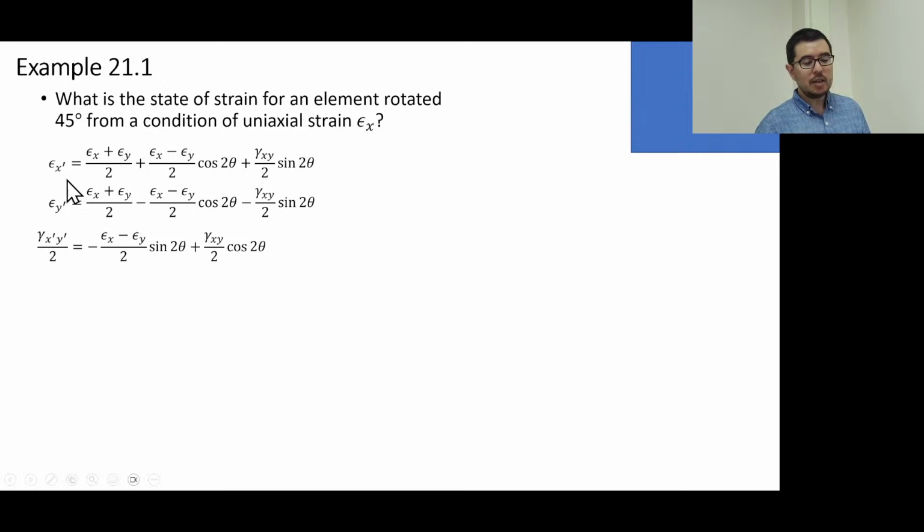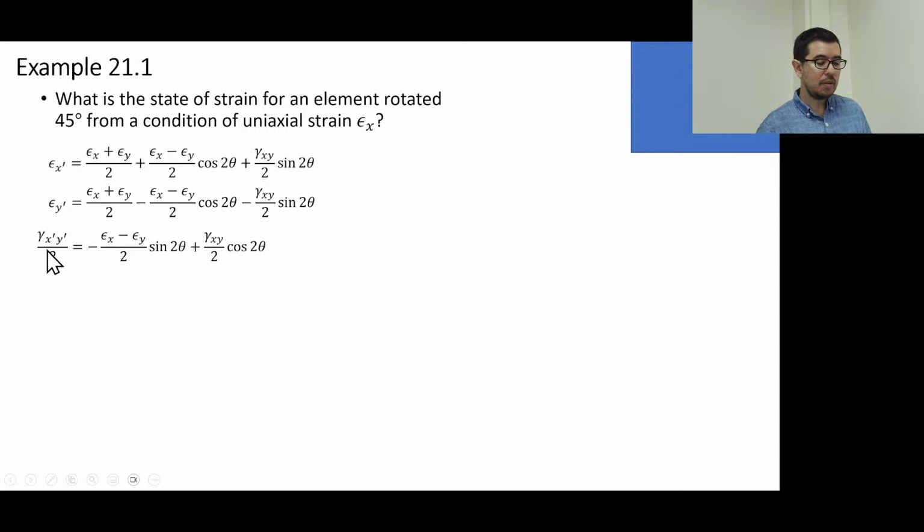So epsilon x prime is going to be equal to half of epsilon x, right? Epsilon y prime is going to be equal to half of epsilon x because, once again, sine of this is 0 and this cosine of 2 theta is 0. Okay, but this will be interesting, right?